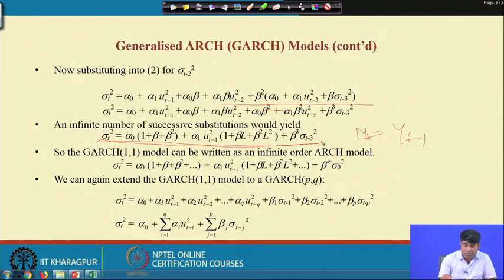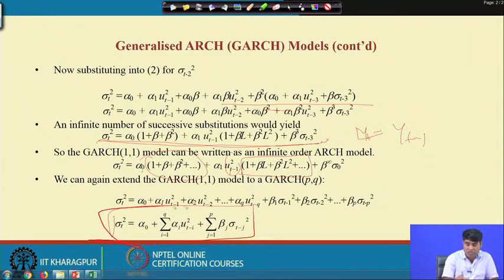So, it has another kind of structure, where alpha 0 is connected with this much of extra weight, and alpha 1 followed by e square t minus 1 is connected with this much of weight, and so on. Then finally, if you extend, the whole model by default will be transferred into this format.